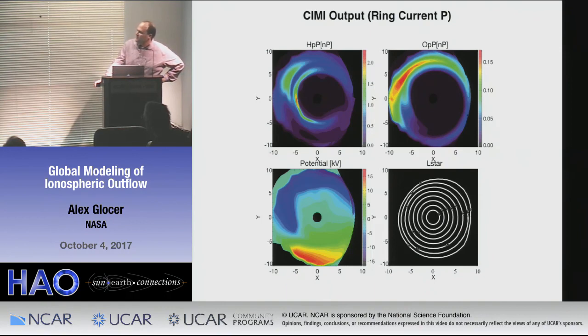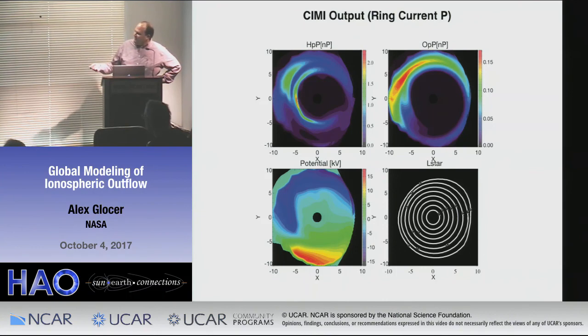This is from SIMI, a bounce averaged kinetic model for the ring current. And you have to be careful, the color scales are not the same. The peak pressure of the O+ is about 10 times less than the peak pressure of the H+. So for this condition, we do get significant O+ in the ring current, but it's only carrying about 10% of the pressure. And so that's nice.